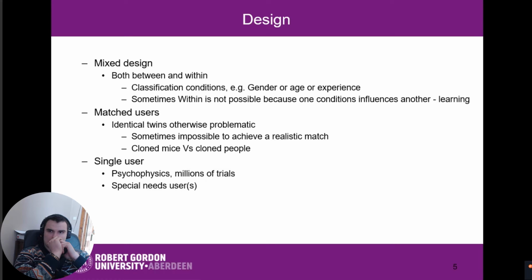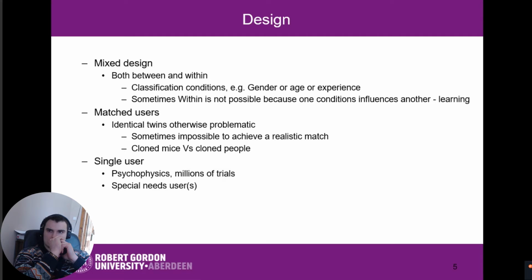For example, gender, age, and experience are what's called organismic variables. There's something about the person that means they go into a group. If you're old, you cannot also be young. If you're experienced, you cannot also be inexperienced, and so on.